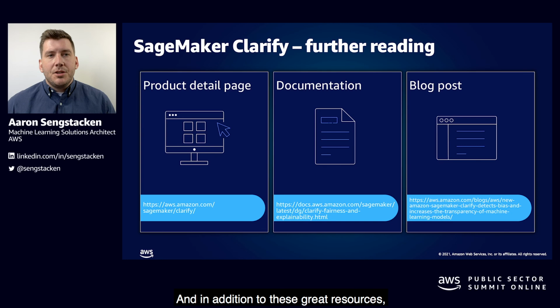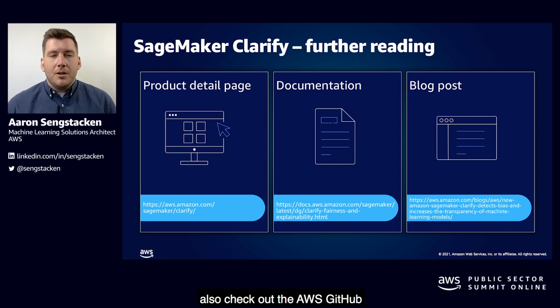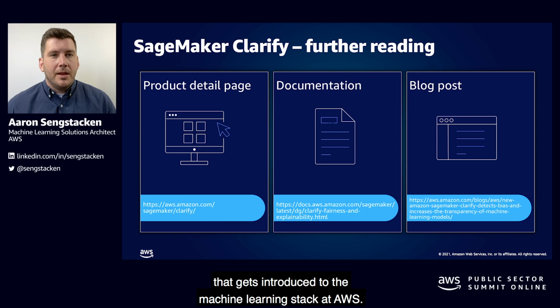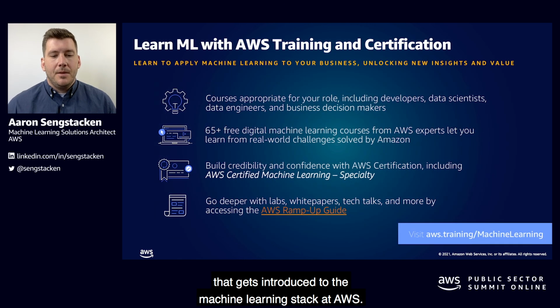In addition to these great resources, also check out the AWS GitHub. That repo has many hands-on examples on how to use Amazon SageMaker Clarify. These examples in the GitHub repo are usually my go-to resource for learning a new feature or function that gets introduced to the machine learning stack at AWS.